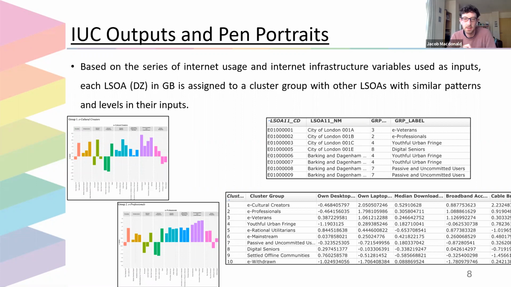Just above that is the actual output of the cluster. Our LSOAs are our observational units. That's just the row of our data set, and you can see the group that the LSOA is assigned to. The charts on the right-hand side are a visual representation of the mean values.